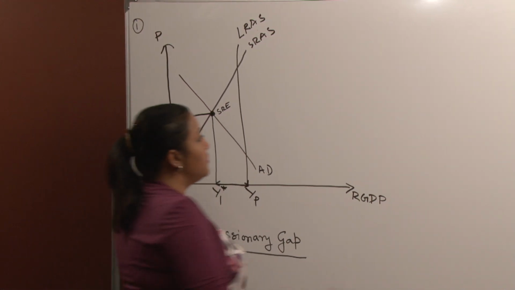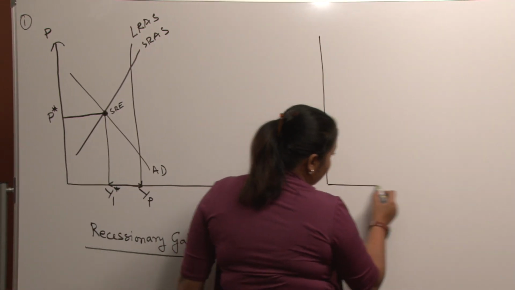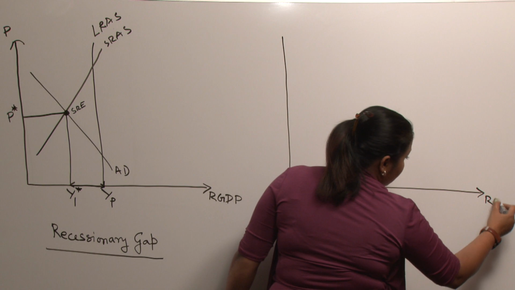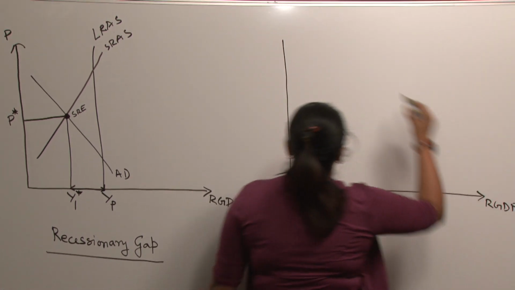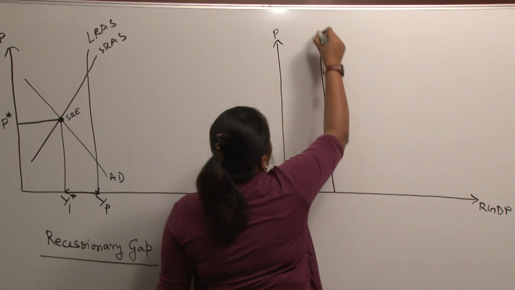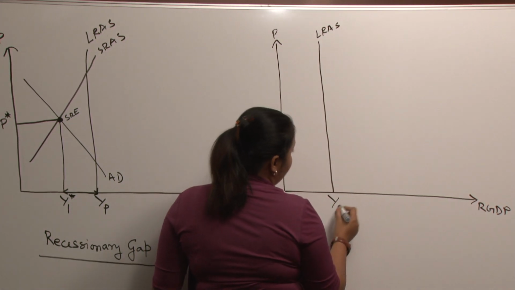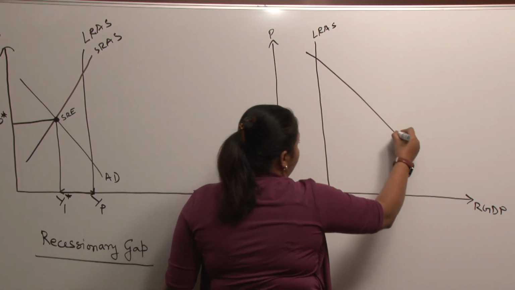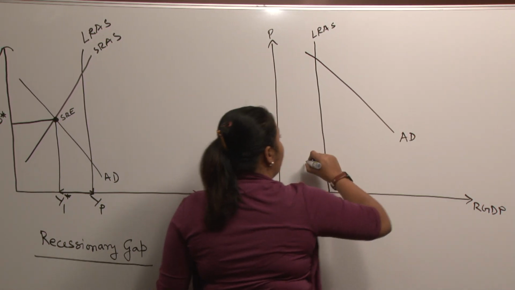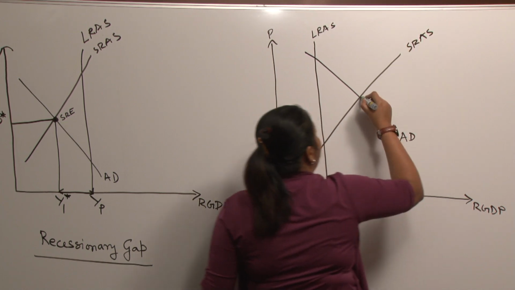Alternatively, you could have a situation of inflationary gap in the economy. That is the potential of the country, and the short run equilibrium is located on the right hand side of the long run.